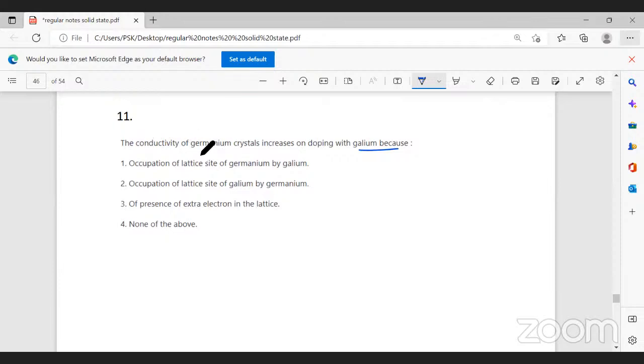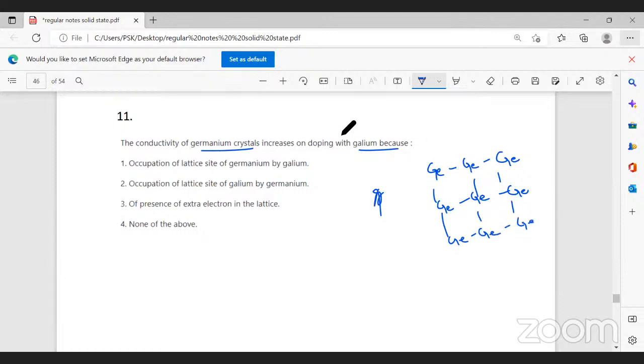See, germanium is a semiconductor. We can represent germanium like this. It also belongs to the carbon family. The valency is 4. Now, doping germanium by gallium.